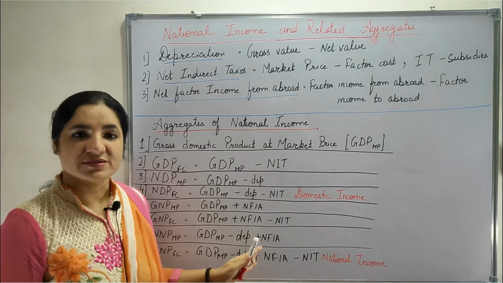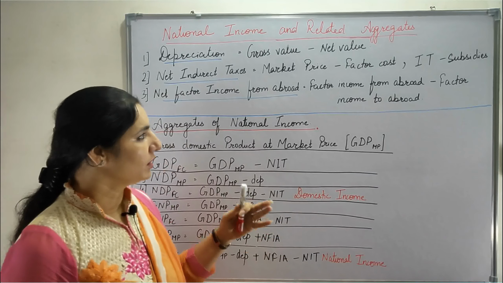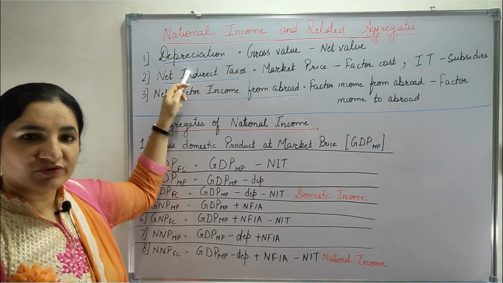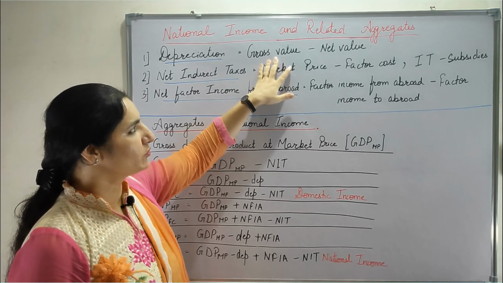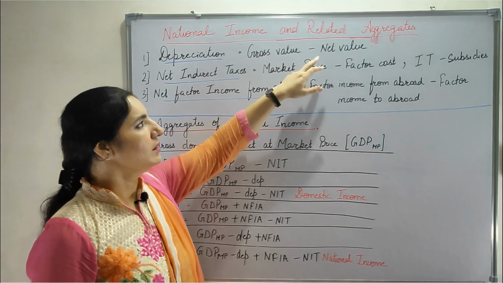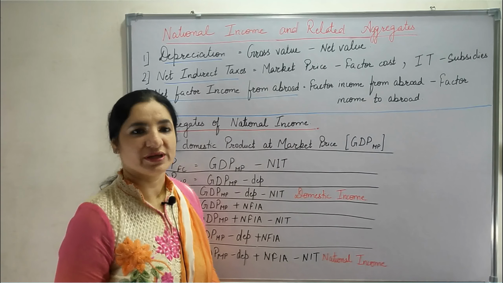So today I will tell you how we should understand various aggregates. Before that, let us have a feedback, the review of our earlier class. First is the concept of depreciation, which we have read. It means that the difference between gross value of capital stock of an year minus net value of capital stock of an year.